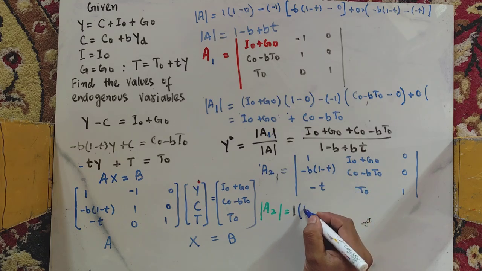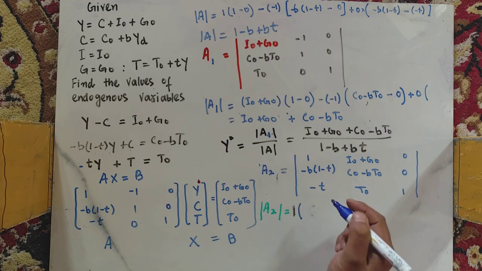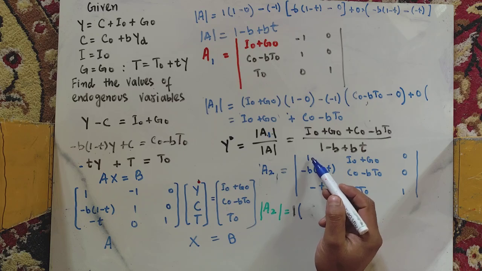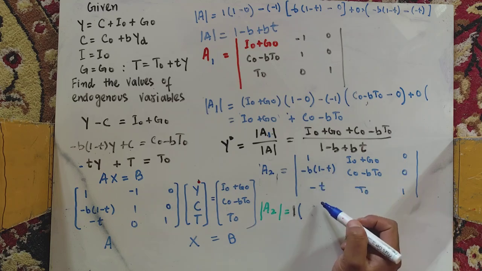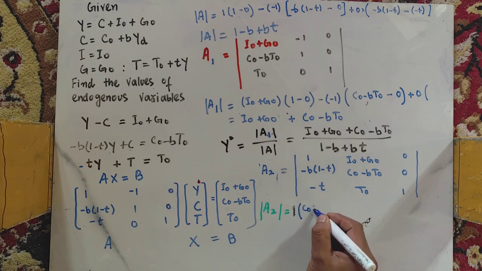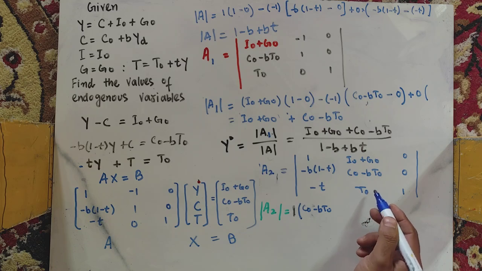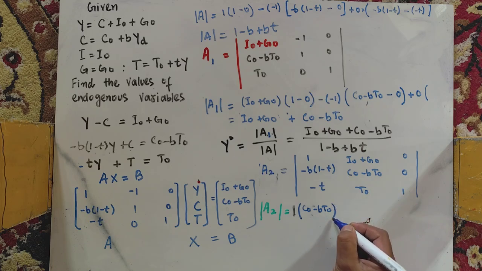So we have I naught. So we have first element, and we delete the row and the column in which it appears and multiply it with the remaining element. So we have C naught minus BT naught, okay. Then minus T naught into 0, which is 0, so we will not write it here.